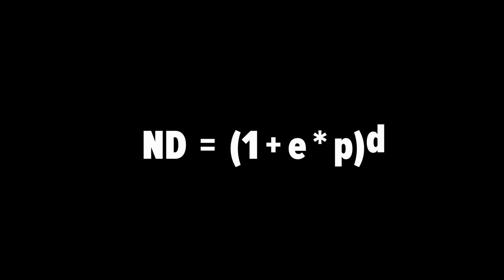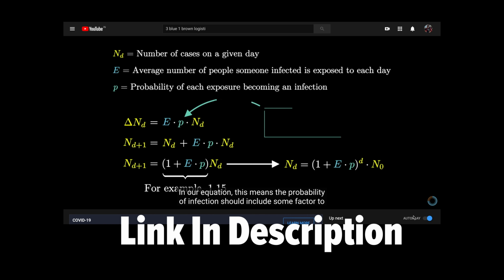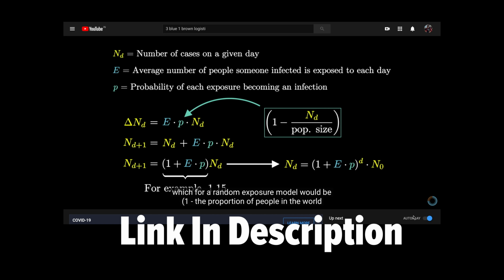Now, even in perfect situations for viruses, the constant 1 plus E into P will decrease because either most people are infected, so there's a loss in E, or people's immune systems have caught up, which causes a loss in P. Now, I too was pretty confused at this point, but after watching 3Blue1Brown's video on logistics, I realized that the P in our equation would have to include some sort of factor to account for the people already infected.